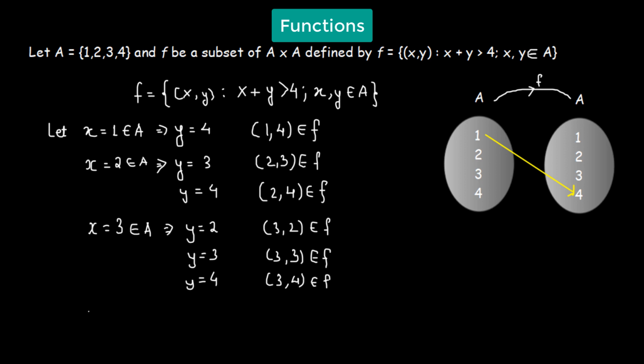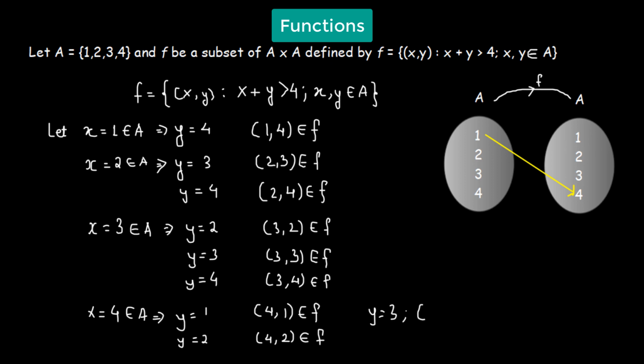And finally we pick the fourth element, which is 4, from set A, and the corresponding y value will be y equals 1. So that will give us the ordered pair 4, 1, which belongs to set F. We'll have y equals 2, and that will give us the ordered pair 4, 2 belonging to our set F. We can also pick y equals 3 because it satisfies the condition that the sum is greater than 4.